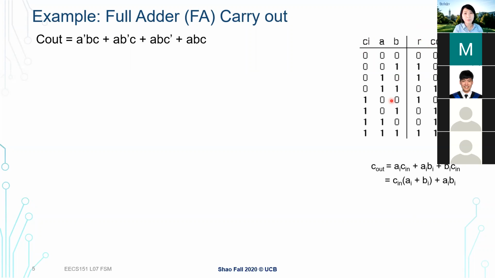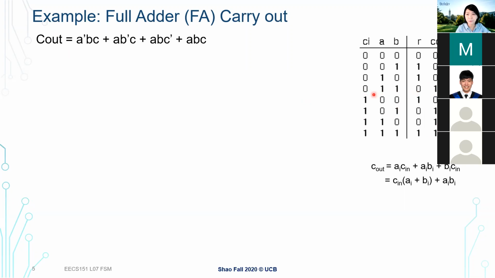We use the sum of product representation. We look at the output of the truth table when carry out is 1. There are 4 rows here where carry out is 1, and for each of the rows, we can write the min term.